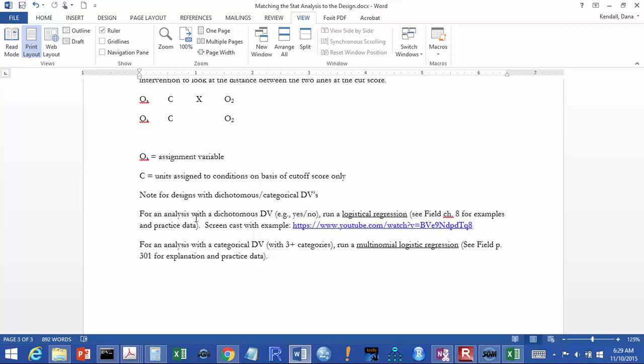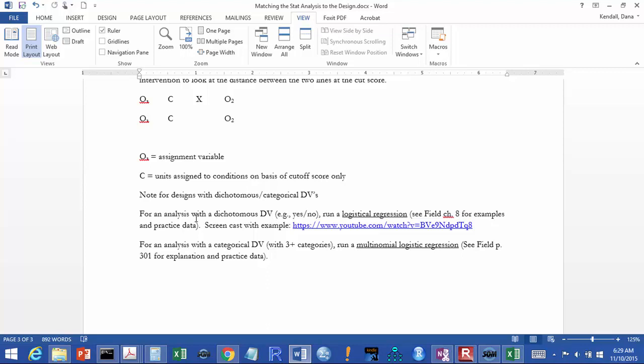So, for example, we want to know if our IV causes a mock juror to assign a guilty verdict to a mock defendant. Guilty versus not guilty. That is a dichotomous DV.